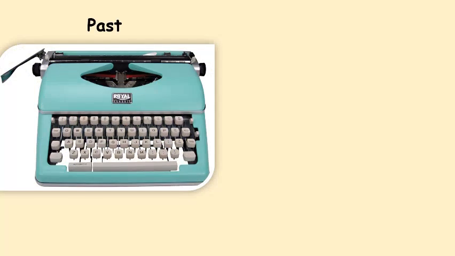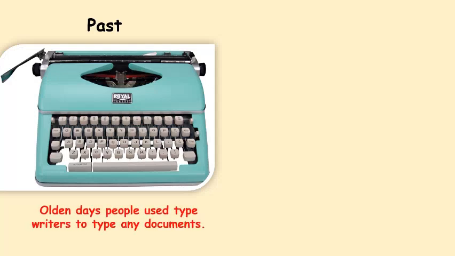Okay, children. So, do you remember we talked about this in the beginning? Yes, it is a typewriter. In olden days, people used typewriters to type any document they wanted to make. But children, if they made any mistake using the typewriter on the document, they had to use a new paper to make a new one.